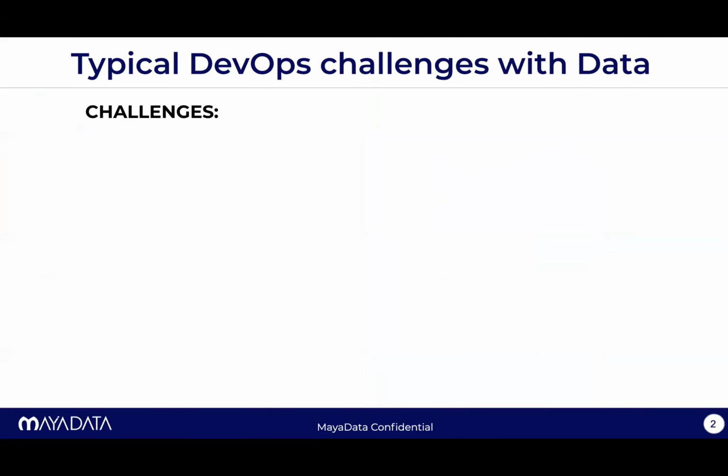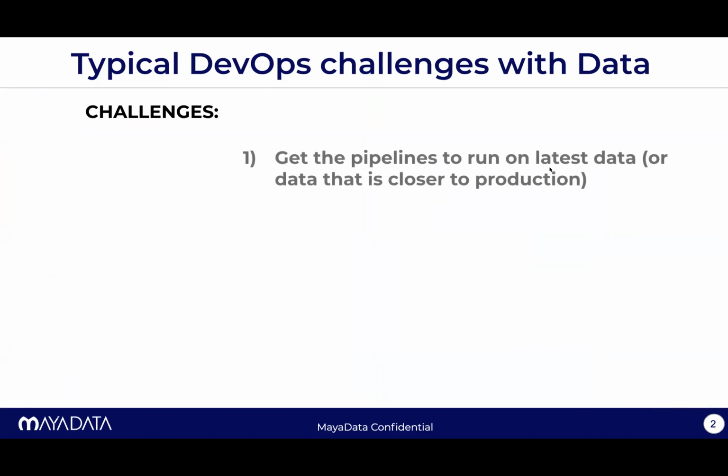So let's first talk about the challenges with typical DevOps pipelines that we have today. There are two types of challenges that are typically seen where data is involved in Kubernetes. One is, how do we get the latest data onto the cluster that runs CI pipelines?